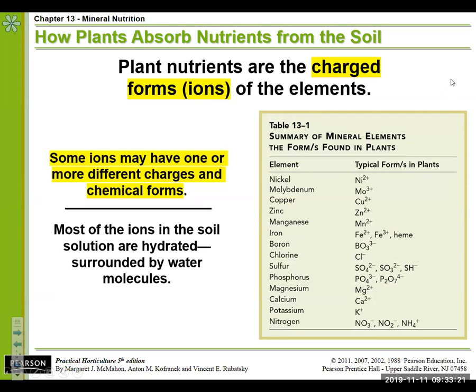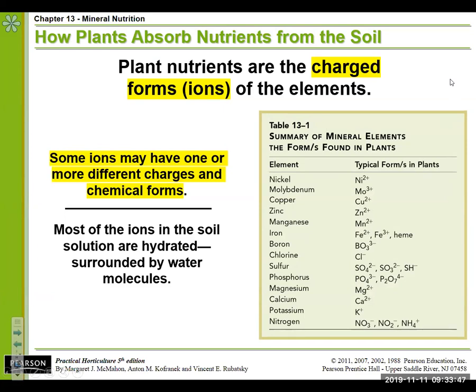It's also important to recognize that the nutrients are not just simply absorbed in their elemental form. They are absorbed in ionic form. And really the issue with ions is that basically they have fewer or more electrons, and these are really how they exist in nature.